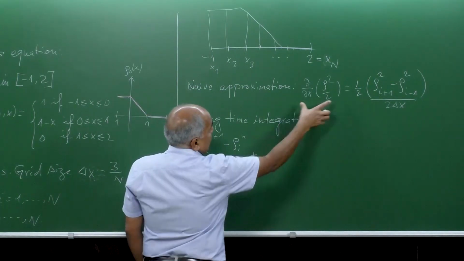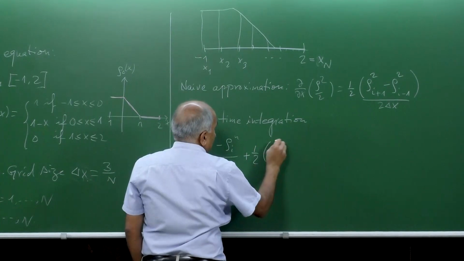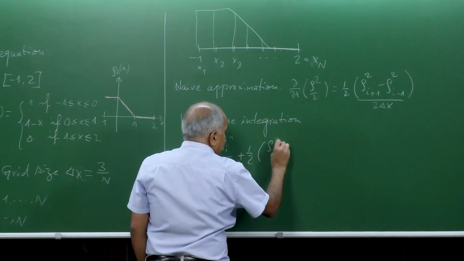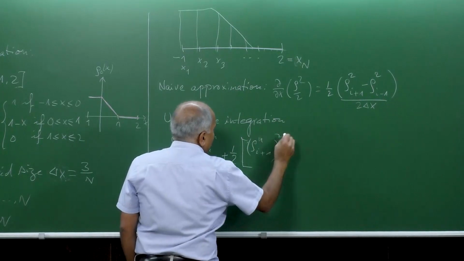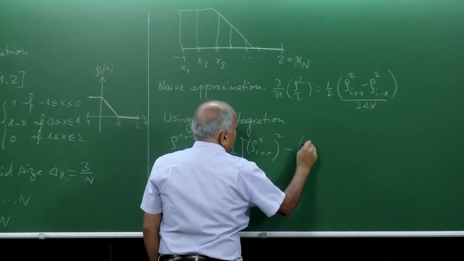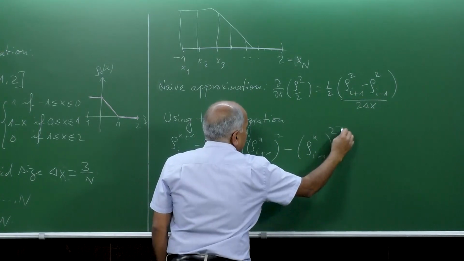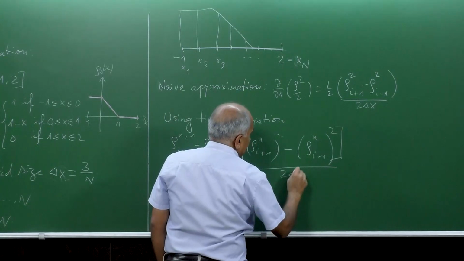Plus now this term is there: a half, rho i plus 1 square at time level n minus rho at time level n, i minus 1 square, divided by 2 delta x.